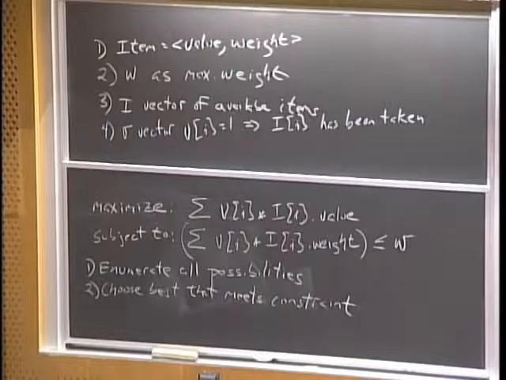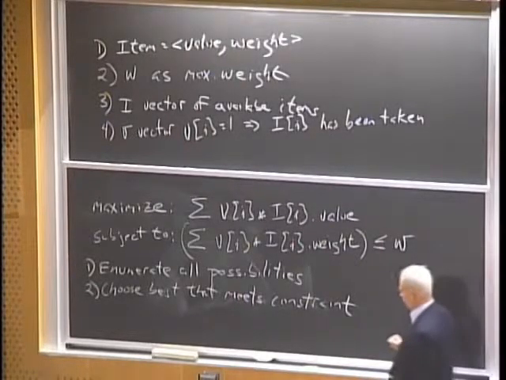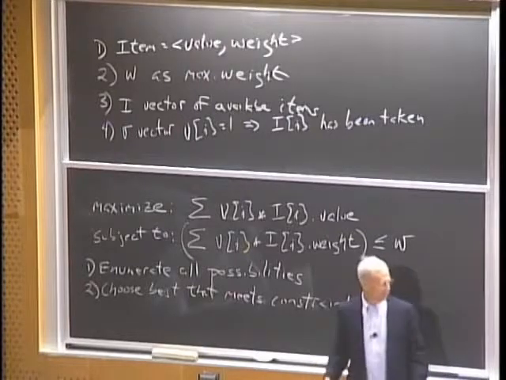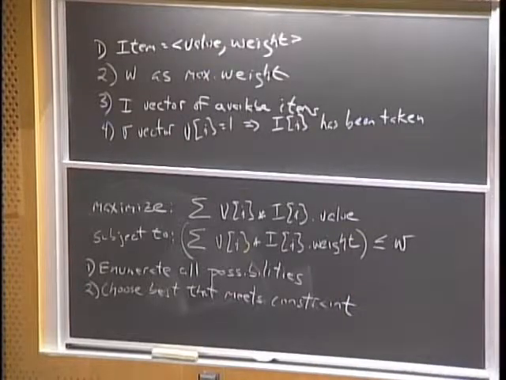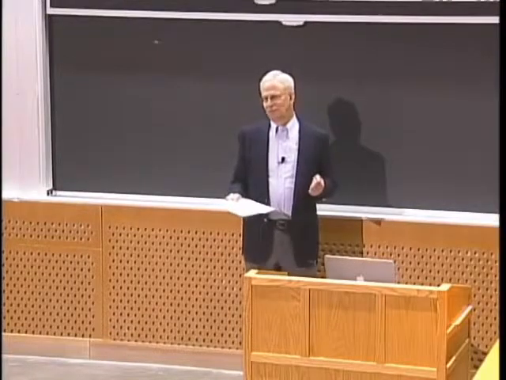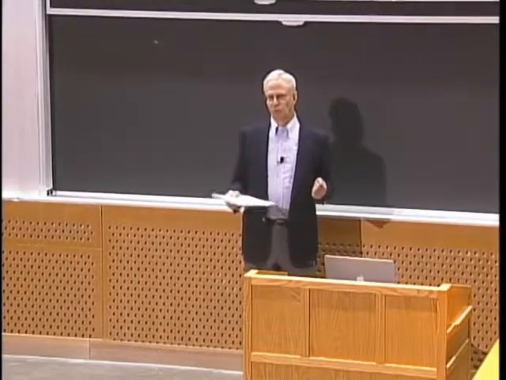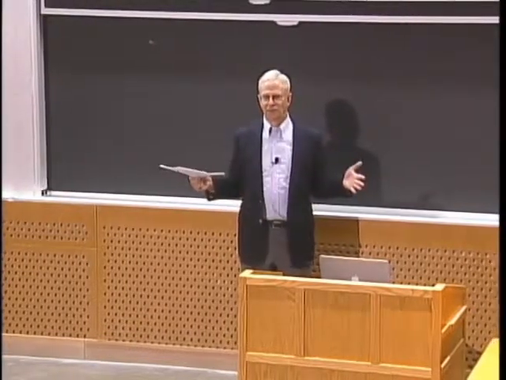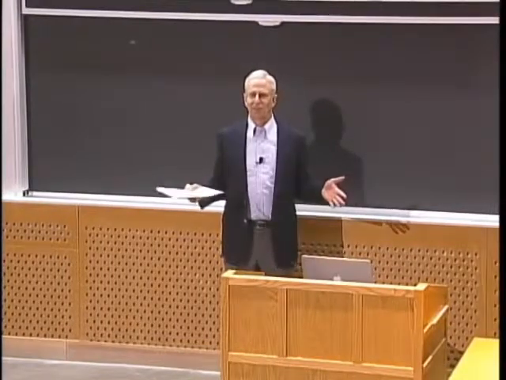And what's the answer to that? Well, if we have n items, how long will V be? Length n, right? 0, 1 for each. If we have a vector of zeros and ones of length n, how many different values can that vector take on?